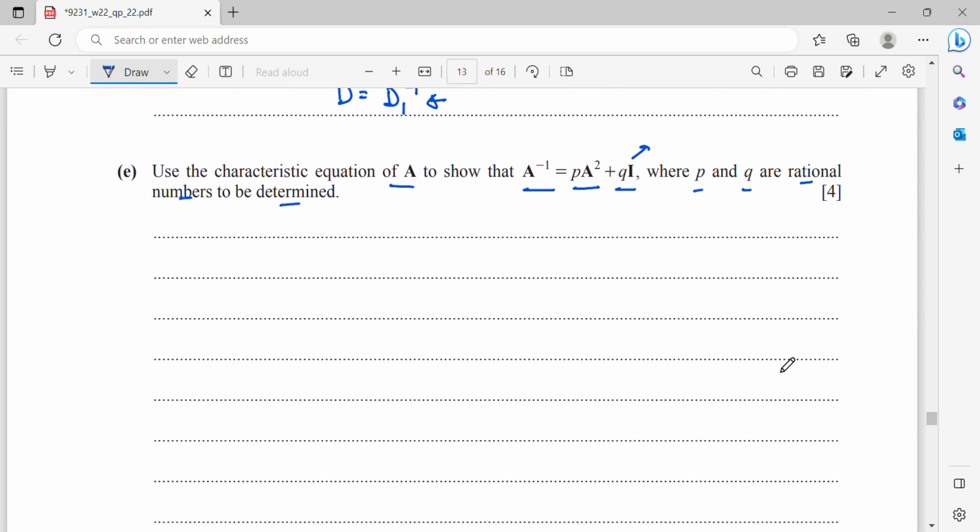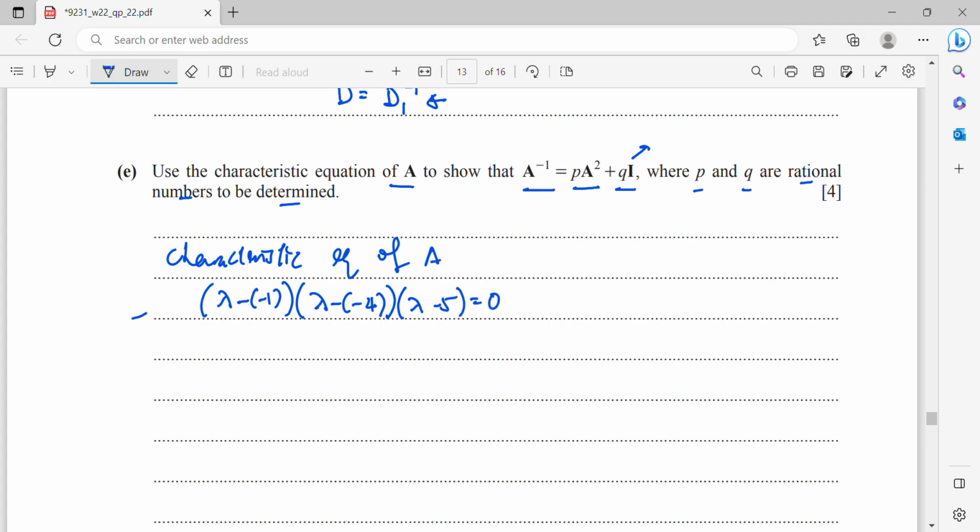Therefore, the characteristic equation of A will be lambda minus the first eigenvalue, lambda minus the second eigenvalue, and lambda minus the third eigenvalue, and let it be 0. So from here, you just do the expansion. So lambda plus 1 times lambda plus 4 times lambda minus 5 equals 0.